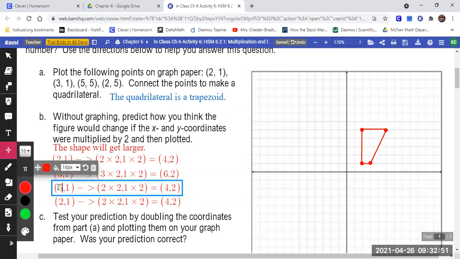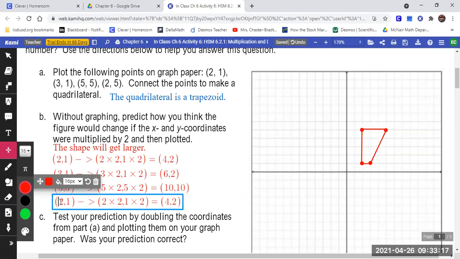So I'm going to put a 5, 5, 5 times 2 and 5 times 2. Is what? Ten.